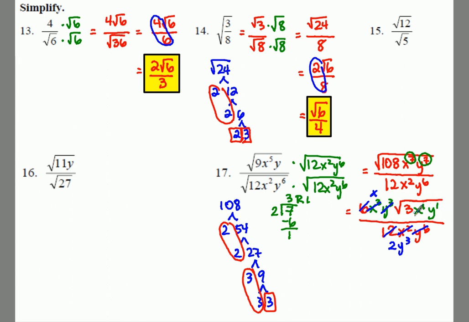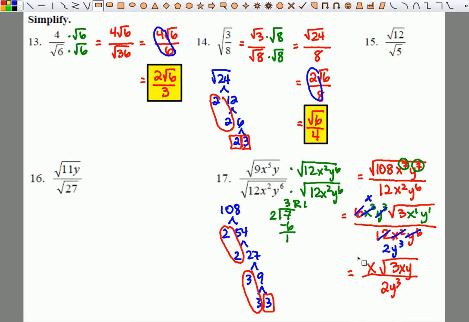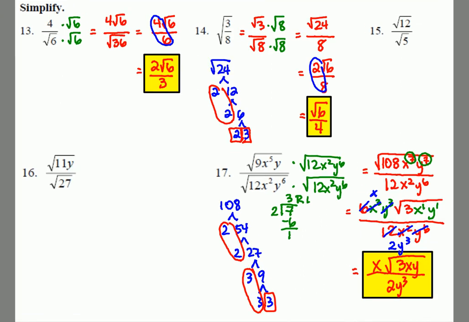Remember, anything that's underneath the radical cannot be simplified, so you leave it like that. So all we have on the outside is an x, and then you have a radical 3xy all over 2y cubed. So that would be the most difficult problem I believe that you would have. And that is how you can simplify by division.